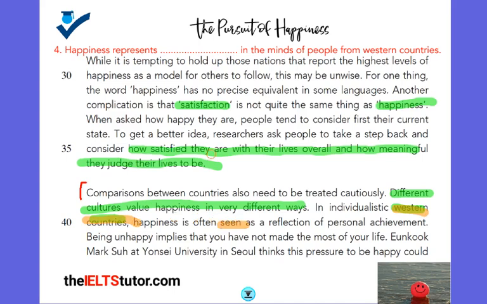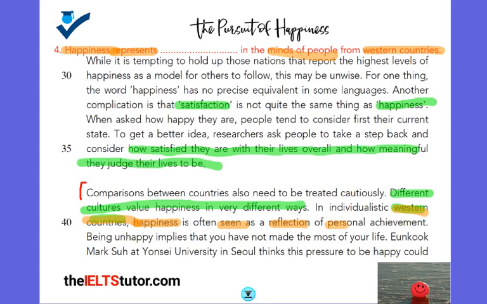Seen would be another word for represents. Okay, so we've got Western countries and we've got happiness, which is the exact word here. Often seen as a reflection of personal achievement. Okay, reflection has the same meaning as in the minds of. So happiness represents what in the minds of people from Western countries? It represents, what do you think?